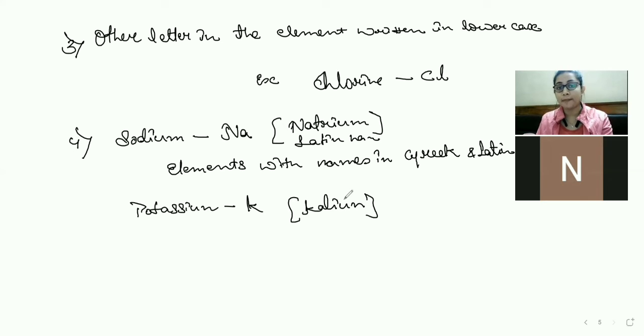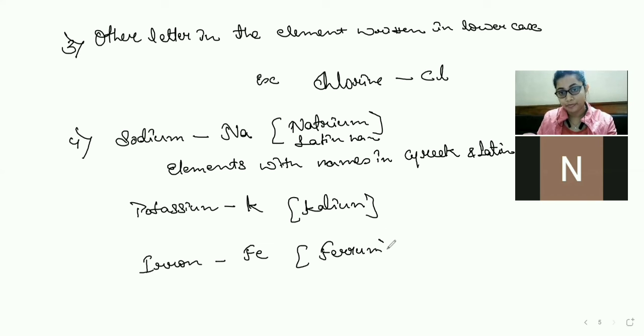We have just taken the uppercase of kalium, and that is named K. Take another example, iron, that is Fe. Its name is ferrum. Both names are in Latin, and we have taken the uppercase and lowercase from their Latin name, and then put it as the element name.